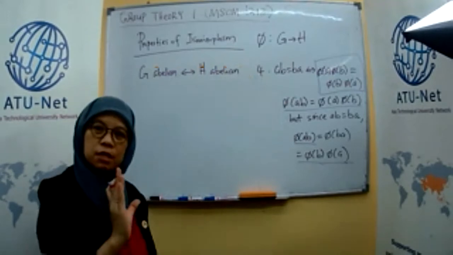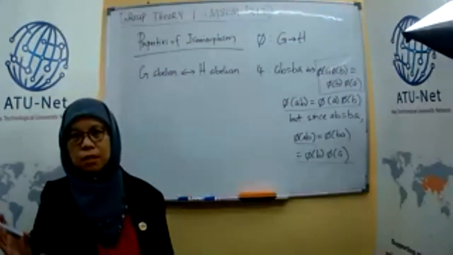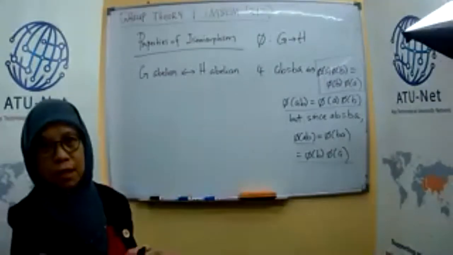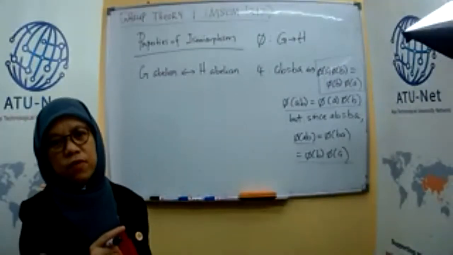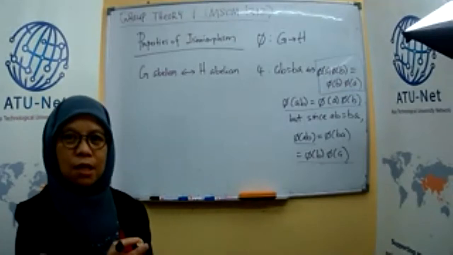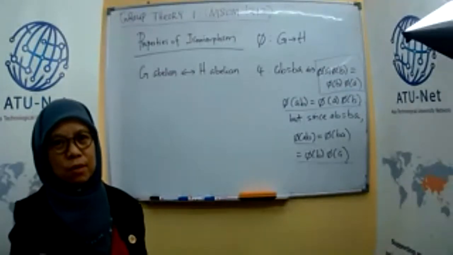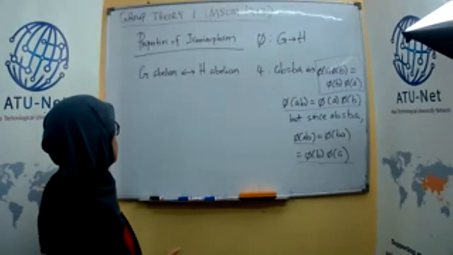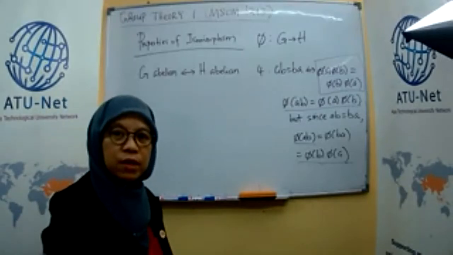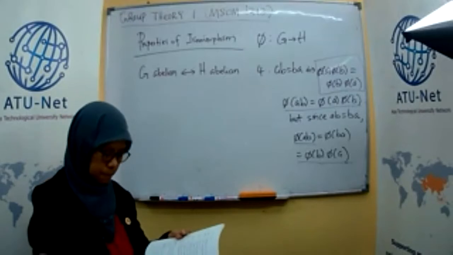So if G is abelian, then H is abelian. If H is abelian, then G is abelian. Since it is an if and only if, if G is not abelian, H is not abelian, and the other way around. So if they want to be isomorphic, they have to have the same property.